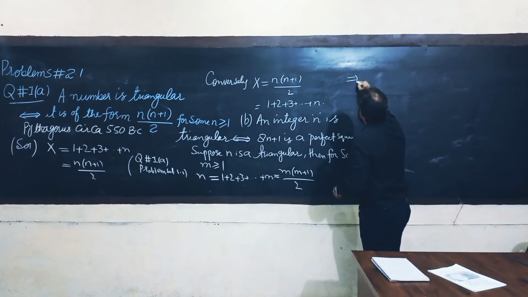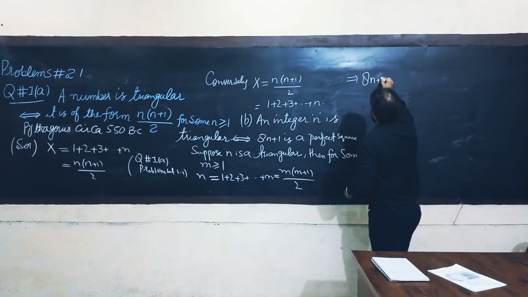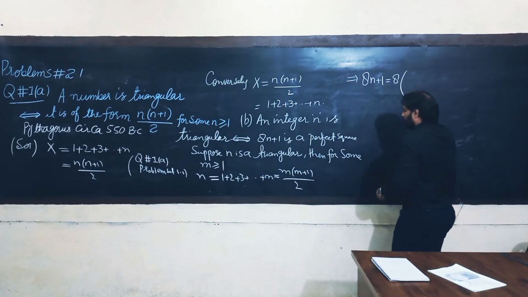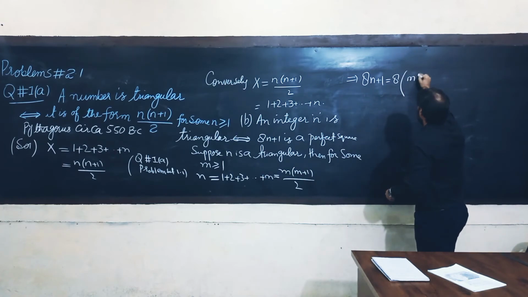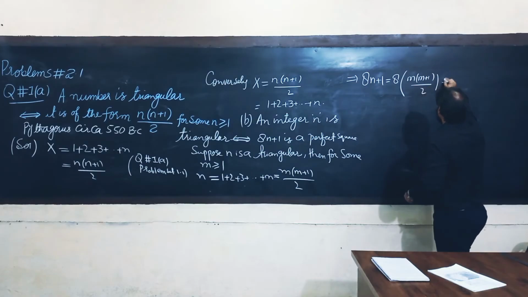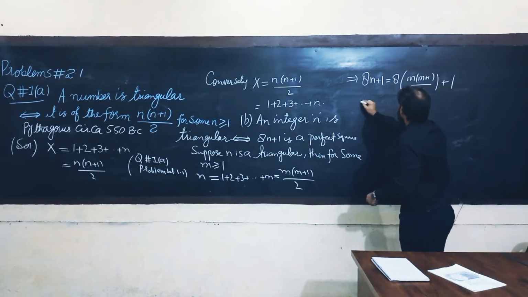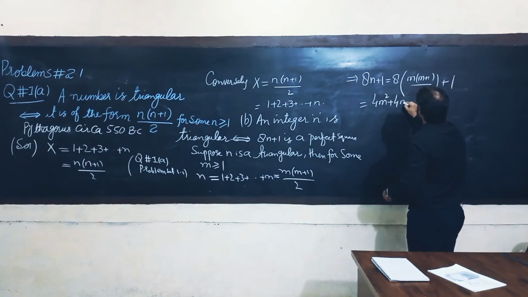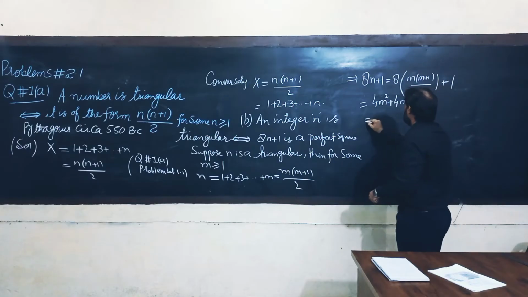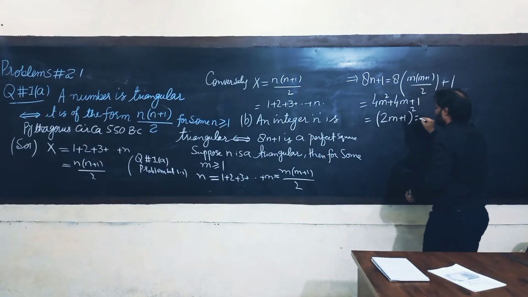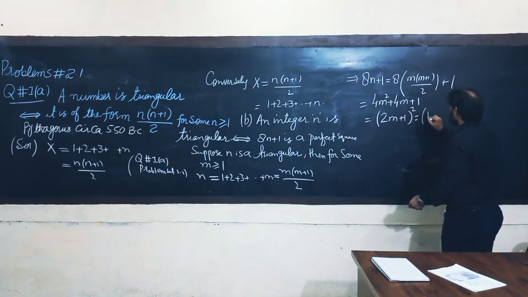This implies 8n plus 1 is equal to, what is n? n is m into m plus 1 over 2, so 8n plus 1 is simply equal to 4m square plus 4m plus 1, which is given by 2m plus 1 whole square. That is a perfect square.